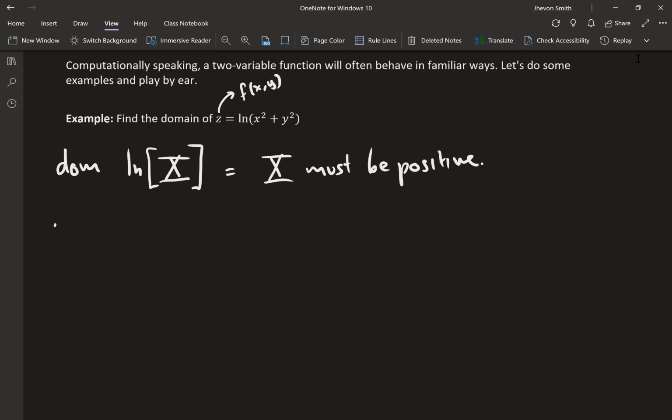So here, what do we need? I know when I'm plugging something into a logarithm, it must be positive. So give me an expression, an equation or an inequality, something that would describe to me when this logarithm is going to work. Right, you need x squared plus y squared to be strictly greater than 0.